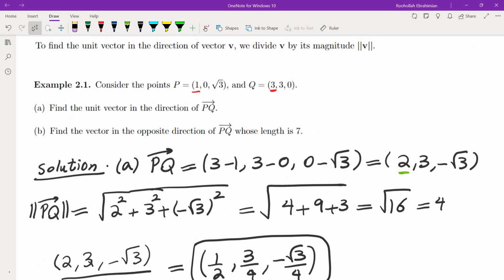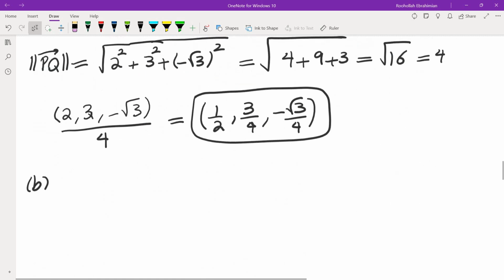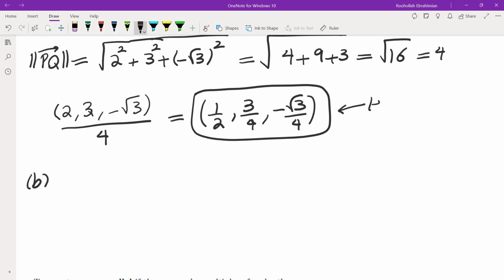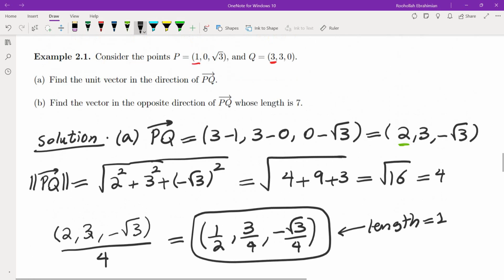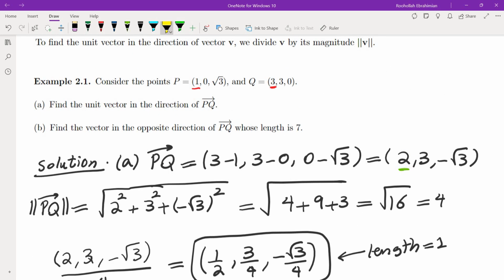Next, we are asked to evaluate the vector in the opposite direction of PQ whose length is 7. Well, we need the length to be 7. We know that this has length 1. So in order to make the length 7, we'll have to multiply that by 7. And we also want to make sure that it is in the opposite direction, so we'll have to negate it.